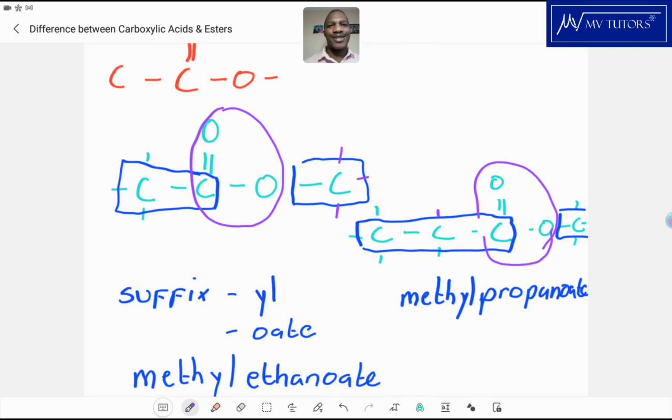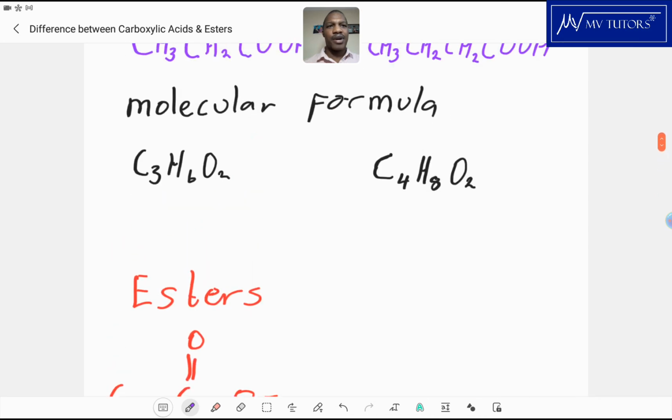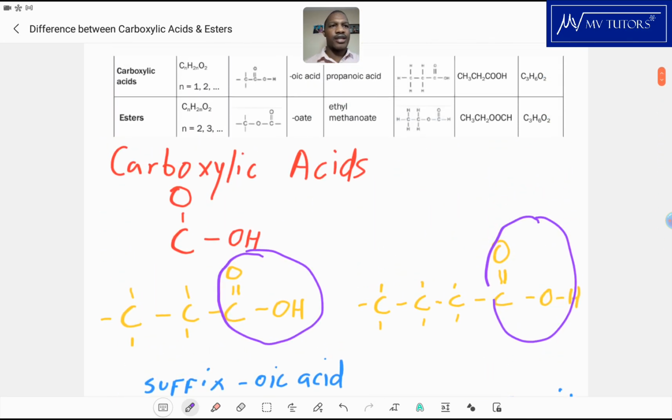So it can be on the second. If you've got 4 chains, then it can be on the second or third. If you've got 5, it can be on the second, third, or fourth, but somewhere in the middle, not at the end. Once the functional group is at the end, then it's no longer an ester, but it's a carboxylic acid.